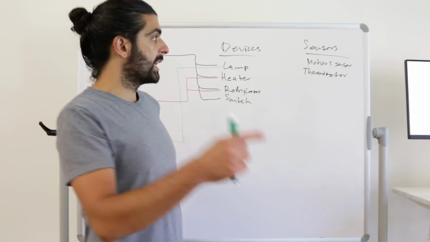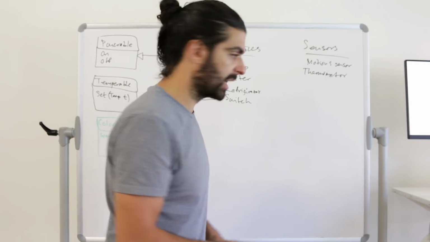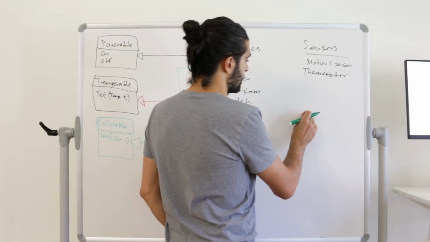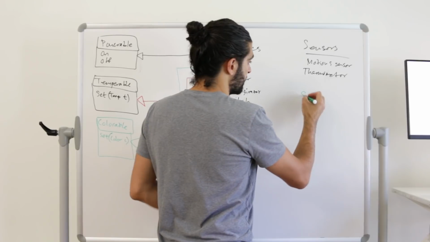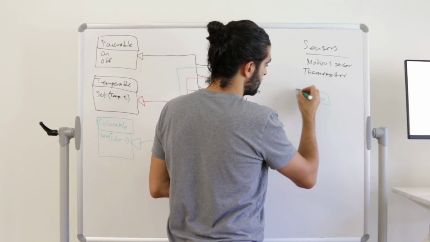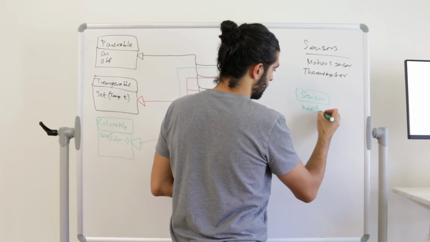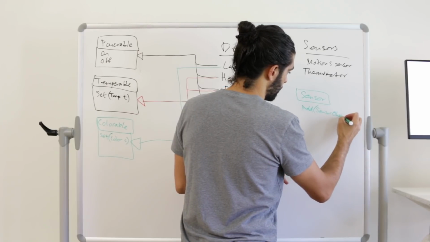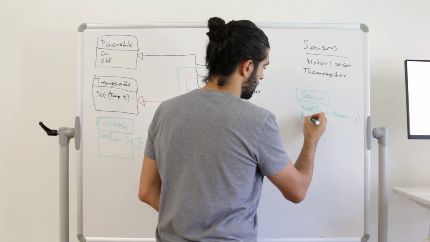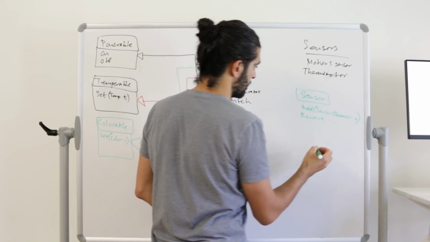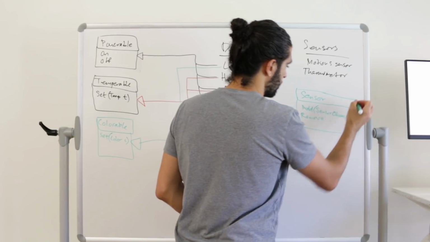Yeah, so it's not obvious to me yet that we need to say that the motion sensor is of something and that the thermometer is of something, except that maybe, yeah, actually, this is maybe the sensor part, right? So let's say that the sensor interface is that you need to be able to add a sensor observer and maybe remove a sensor observer, and potentially notify, but let's assume that notify happens internally, right?